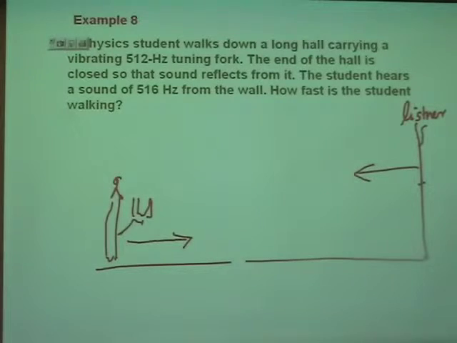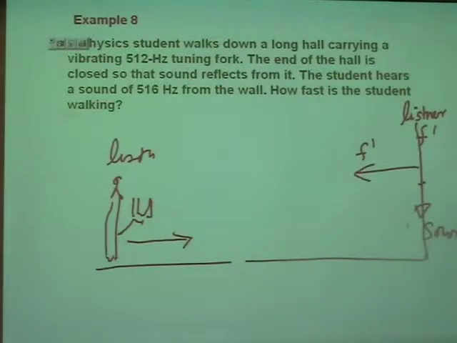So if F prime is the frequency as the wall receives it, that F prime is now reflected back to the student. That means now the wall is the source. Look at that. In the second case, the wall is the source and the student is the listener.